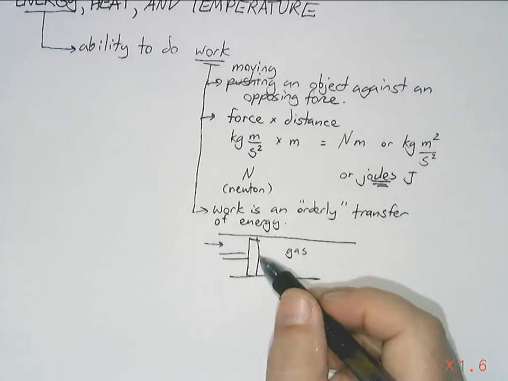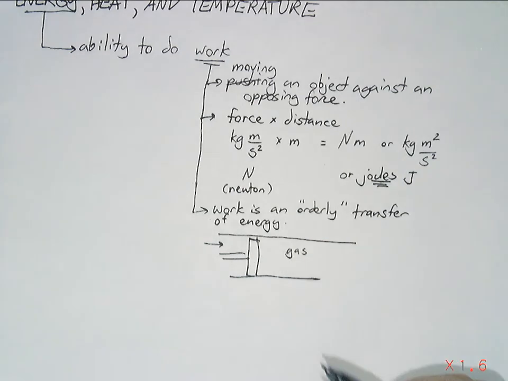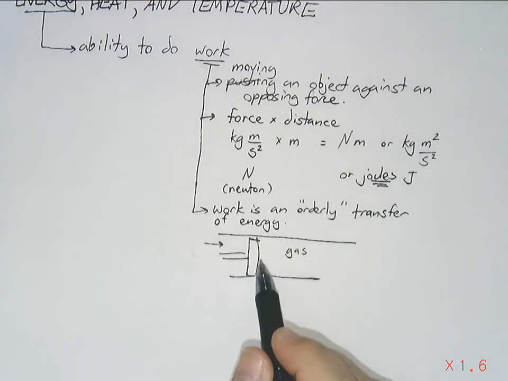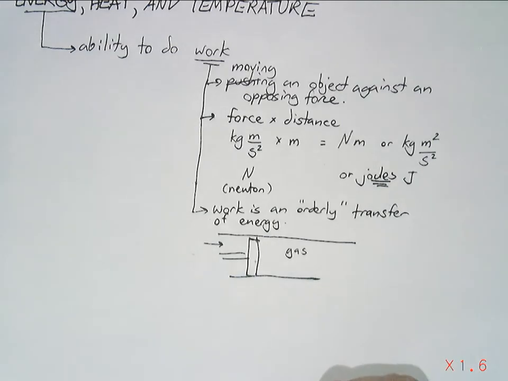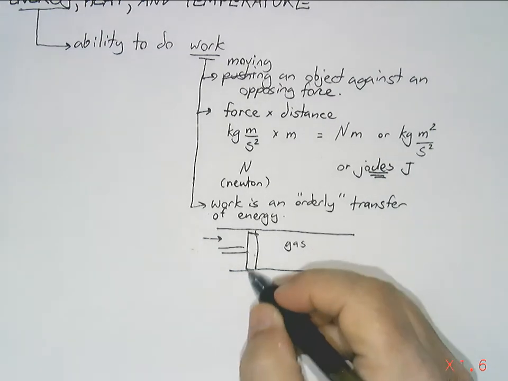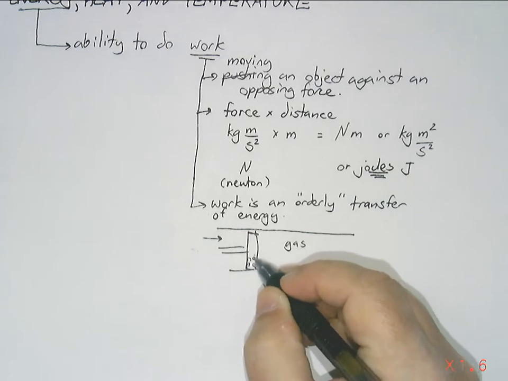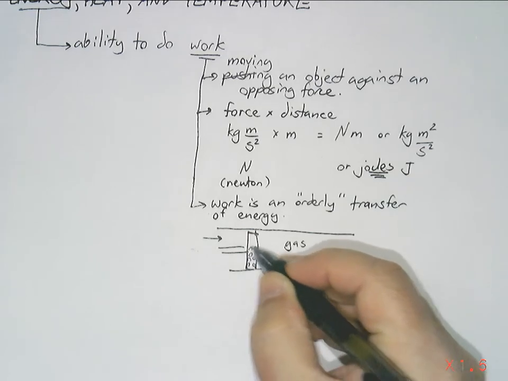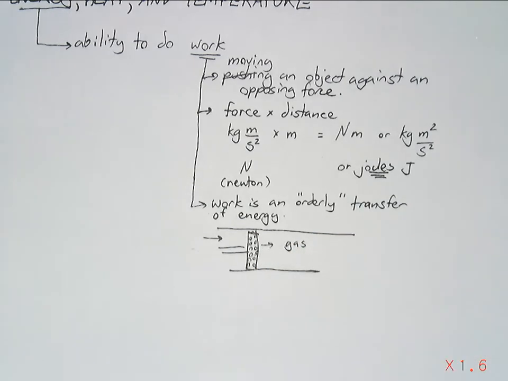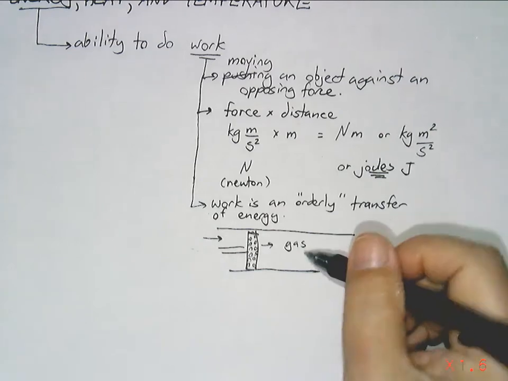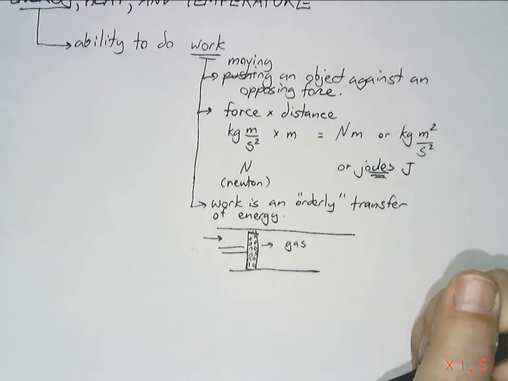The orderly transfer of energy is that the kinetic energy of the piston here is going to get transferred into the gas. And it's orderly because all of the little atoms that are in the piston are all moving forward in lockstep. They are all moving together forward and transferring some of their energy to this.